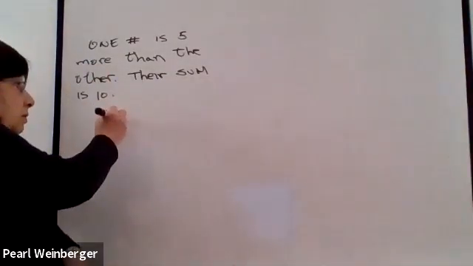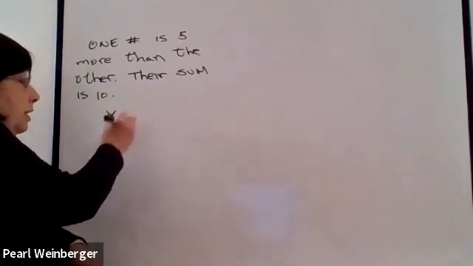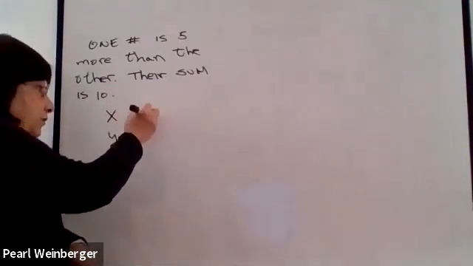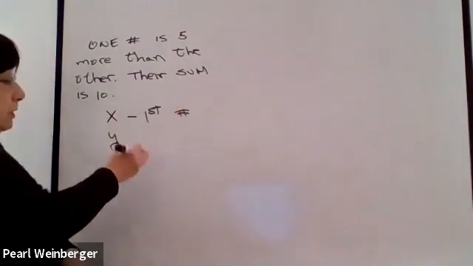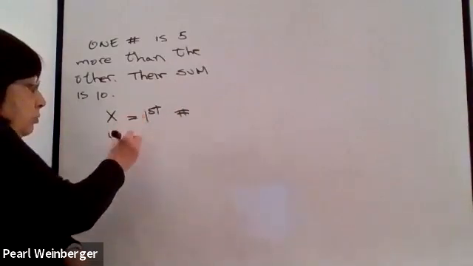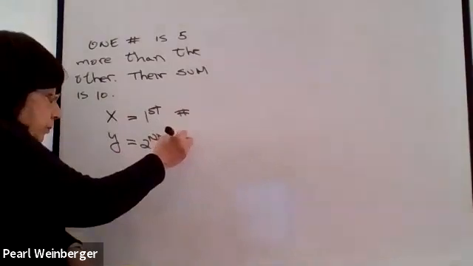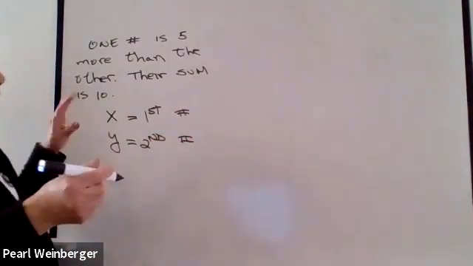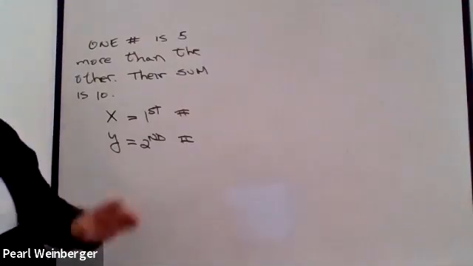So I know I have 2 numbers that I'm looking for, so we'll call them x and y. And now let's call x the first number, because they didn't distinguish between the 2 numbers. And let's call y the second number. And now that we know what we're using as our variables, let's see if we can write the equations.